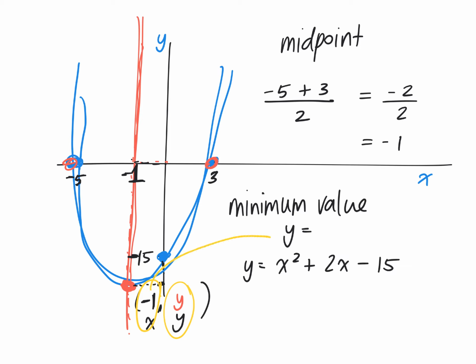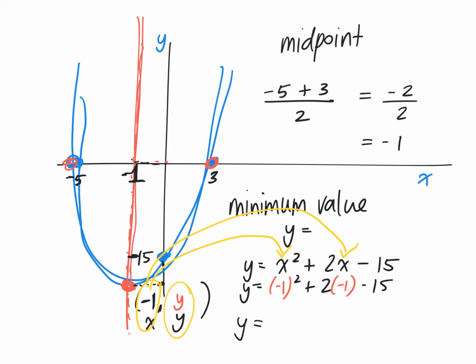If x is -1, we can figure out what y is, and that will tell us the point of the vertex, because I'm plugging in -1, which is part of my vertex. So let's plug it in. So -1 squared plus 2 times -1 minus 15.